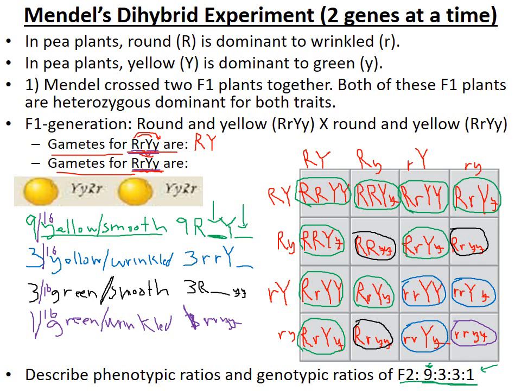So you can do your 9 divided by 16, and that gives you 56.25%. And if I said you have 100 individuals in the population, you take that 56.25% and multiply it by 100, and that means you get about 56 or 57 individuals that are going to have the dominant phenotype for both characteristics.